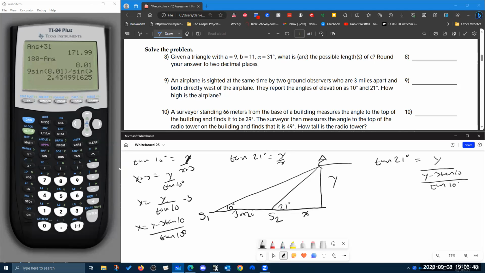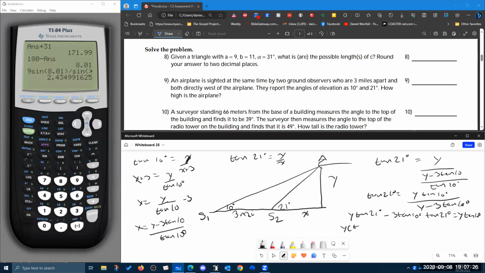I don't like that complex fraction, so I'm going to make this tan 21 equal to y tan 10 over y minus 3 tan 10. Then I get y tan 21 minus 3 tan 10 tan 21 is equal to y tan 10.